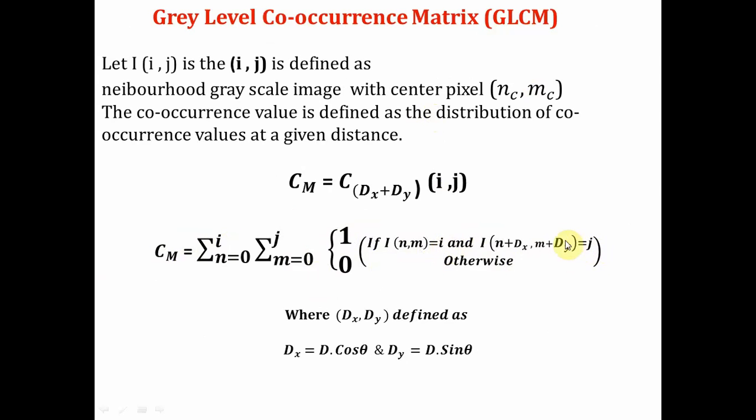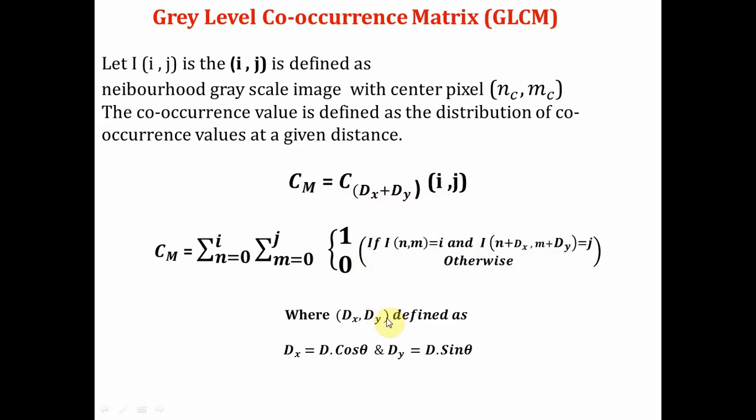If you find the pair ij in the image, you will write a 1, and if you don't find anything in the image, you will write a 0. Here dx and dy define the distance from your central pixel. We already studied that.